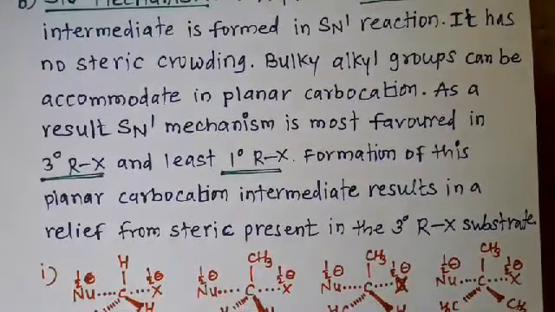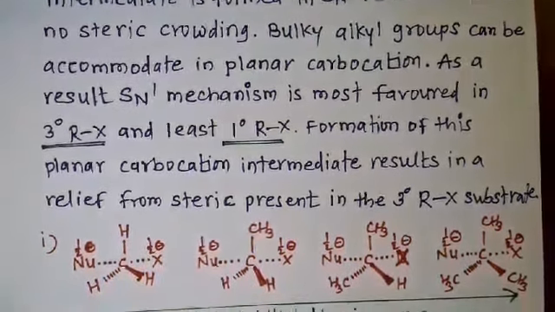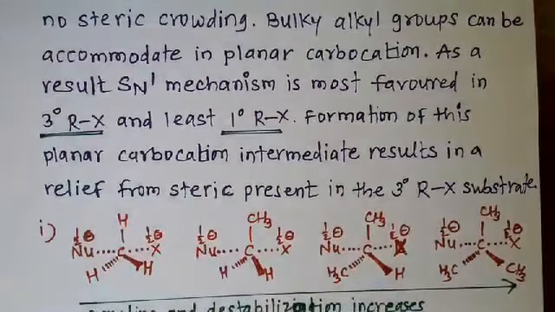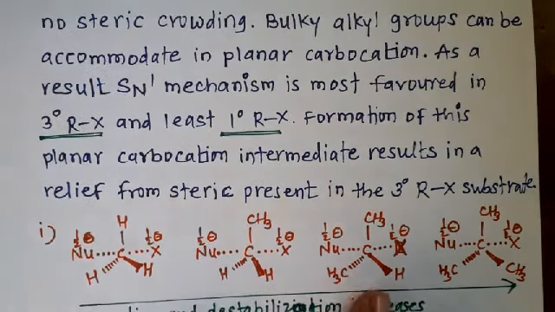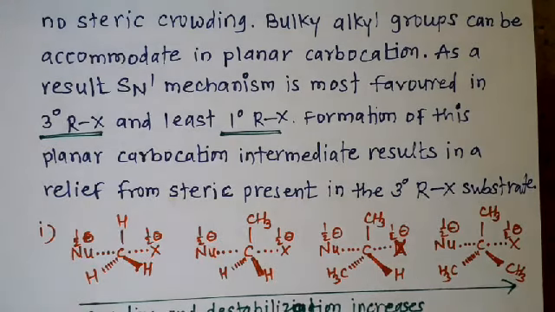And the electron deficiency of this carbocation is reduced by increasing plus I effect or hyperconjugation. And we know that hyperconjugation is more in tertiary alkyl halide than primary alkyl halide.